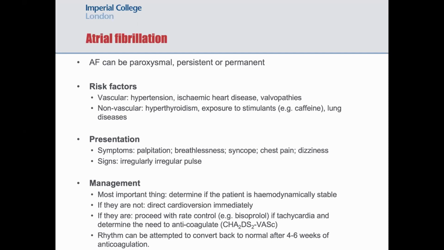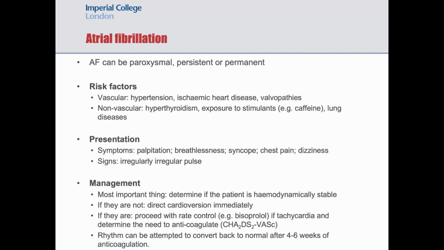That's a medical emergency and you need to cardiovert them immediately. Essentially, you hook them up to electrodes and shock their hearts. You need to time the shock at ventricular depolarization, at the same time as the QRS complex, to be able to reset the rhythm.